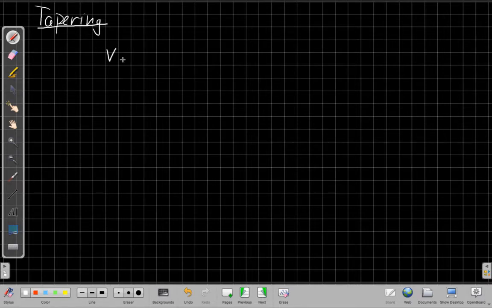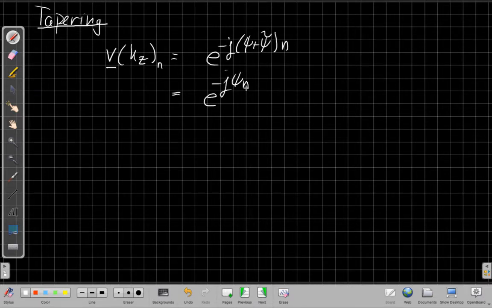If I have a manifold vector for the k sub z direction, the nth element of it, like we just said, was originally e to the j psi, but now I've got psi plus psi tilde of n. And using the rules of exponentials, I can take that sum in the exponent and turn it into a product of exponentials.